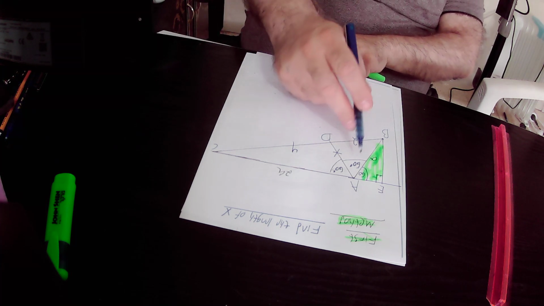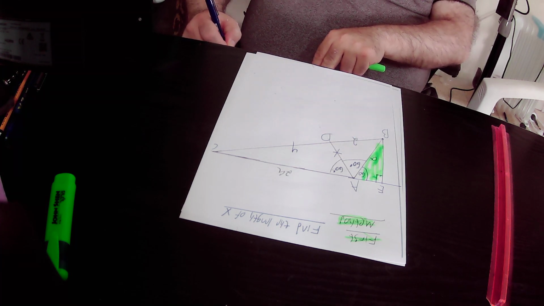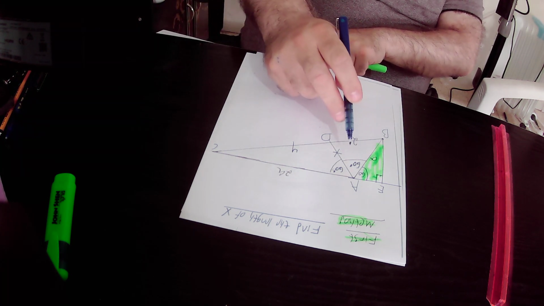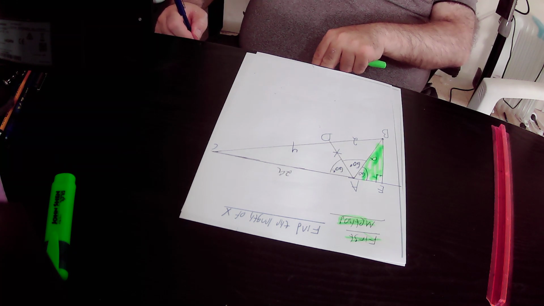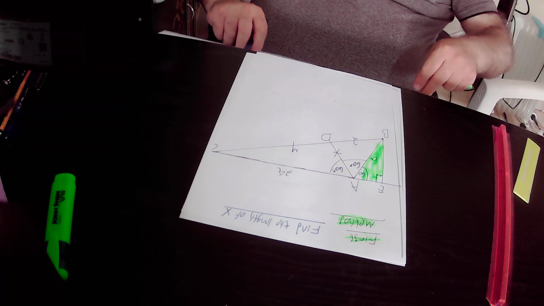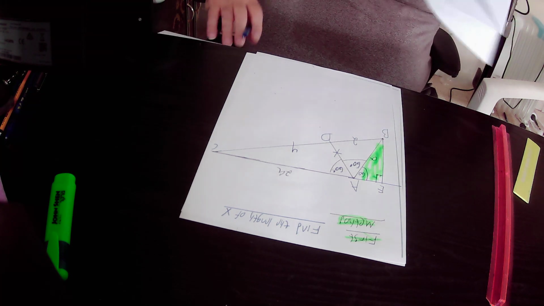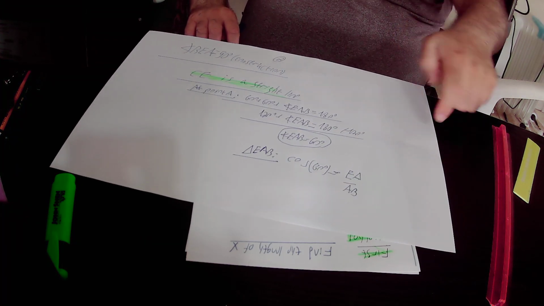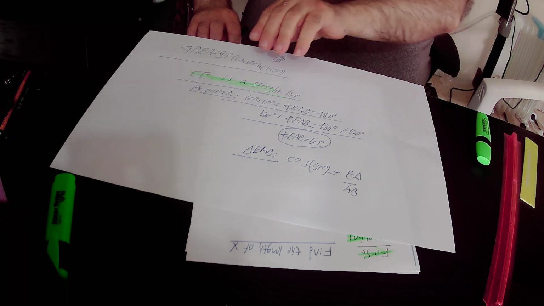We know that cosine 60 degrees equals EA over AB. I repeat again. On the right, the green triangle, triangle EAB, cosine 60 degrees equals EA over AB.